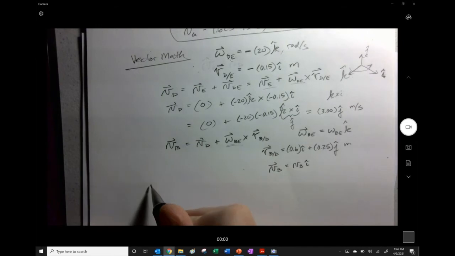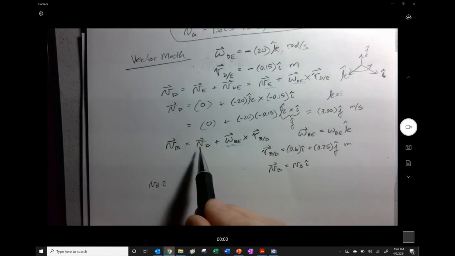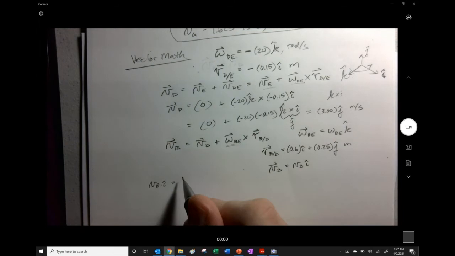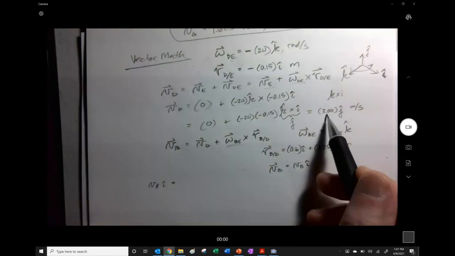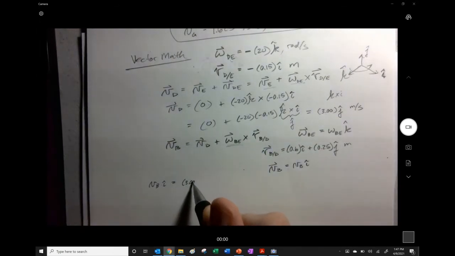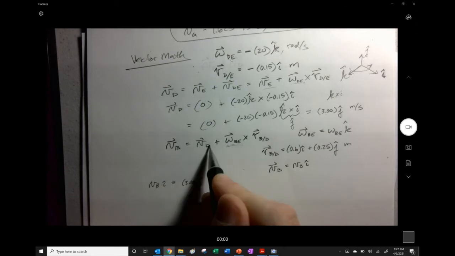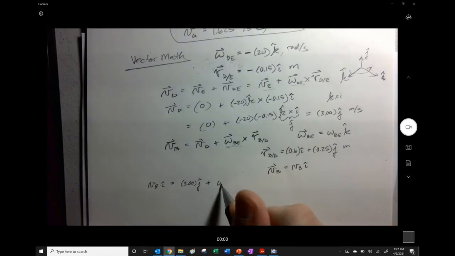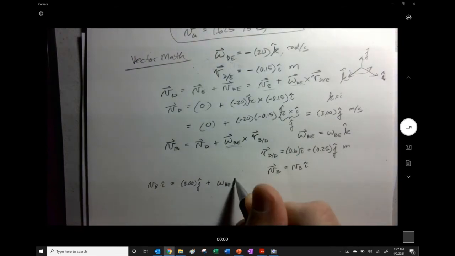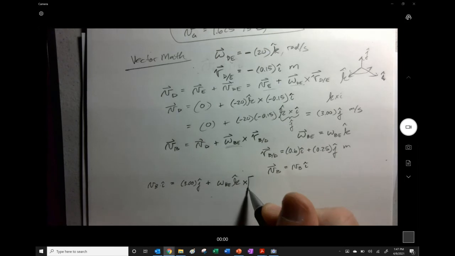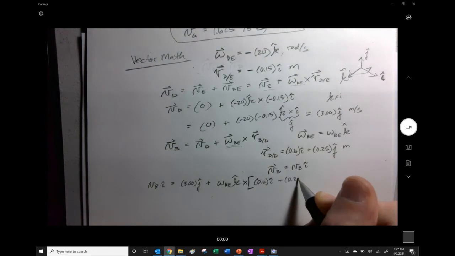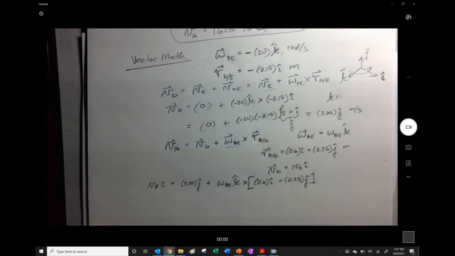So we can write VB I equal to, what do we get up here, a positive 3.00 J, that's this thing entirely, plus our omega BE K crossed with 0.6 I plus 0.25 J right there.